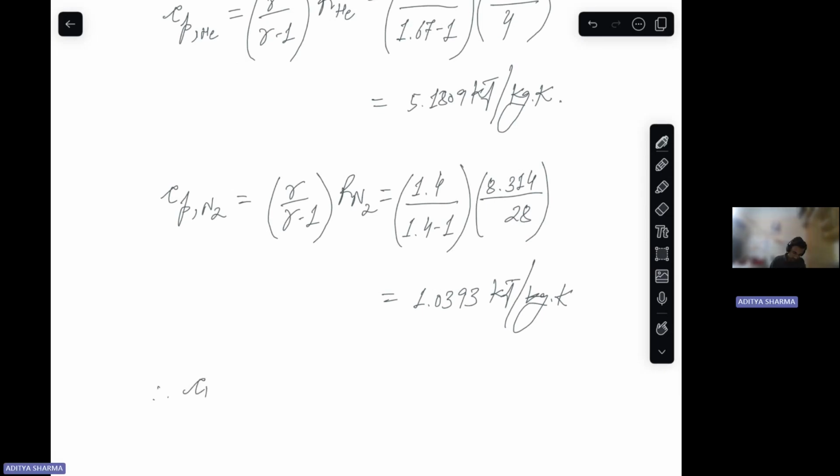So Cp of gas mixture is 1.2 into 5.1809 plus 1.2 into 1.0393.